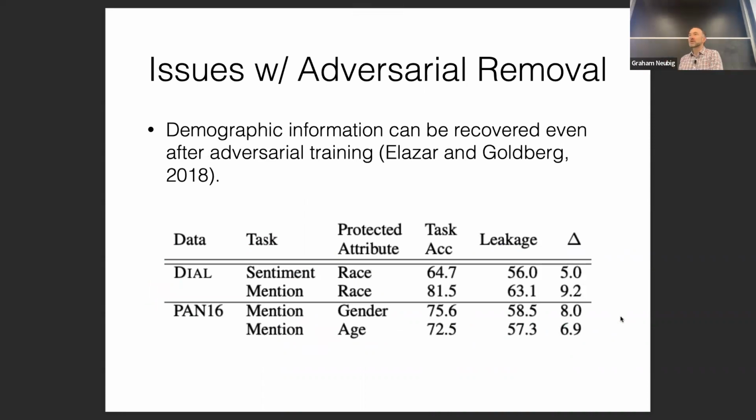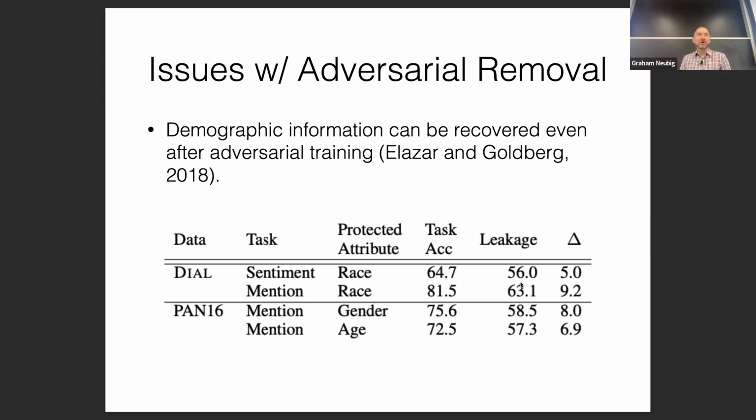However, one problem with this is that even after adversarial training, it's possible to recover the protected attributes from the representations that were learned in this way. Basically you can train a different model, or a better model, to try to predict the attributes. We can see that there's a pretty significant amount of leakage from these representations that are supposedly appropriately anonymized with respect to the protected attributes.